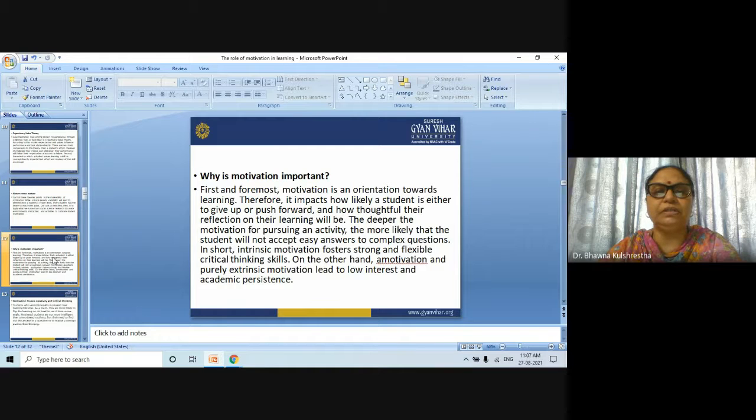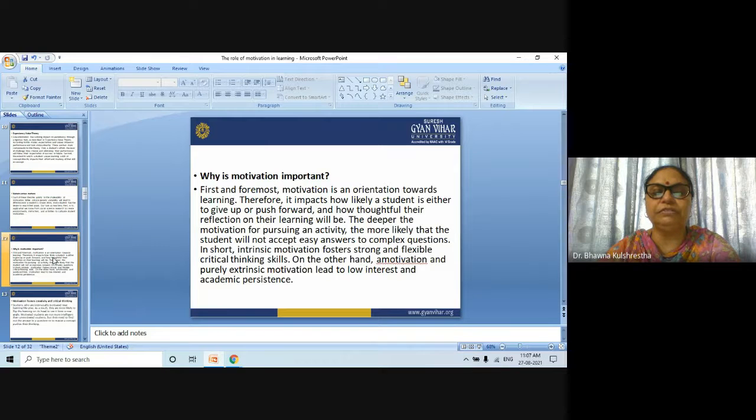The deeper the motivation for pursuing an activity, the more likely that the students will not accept easy answers to complex questions.